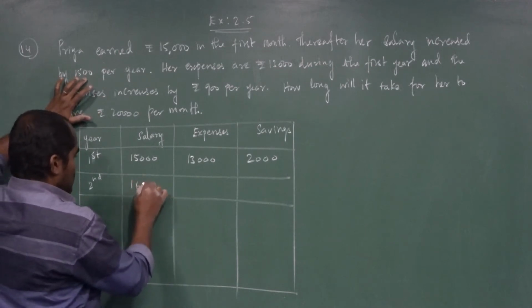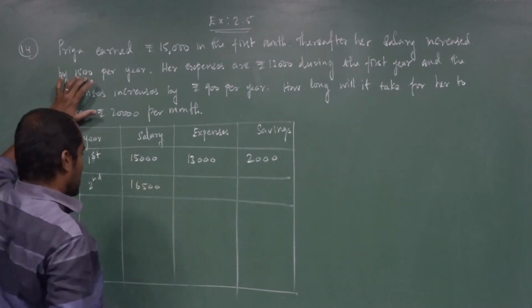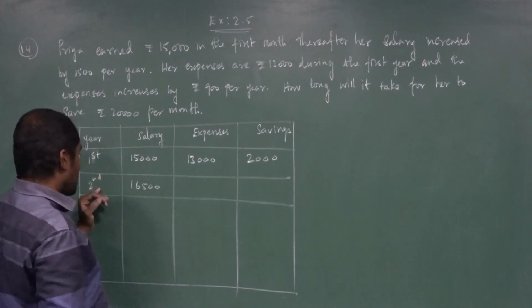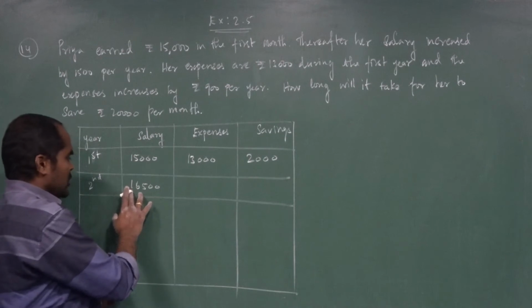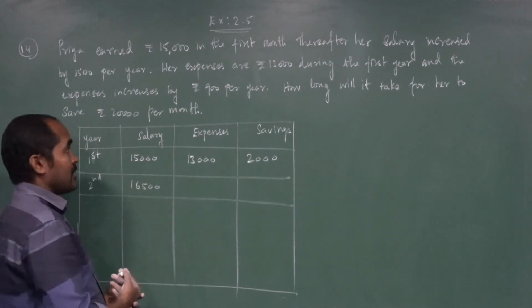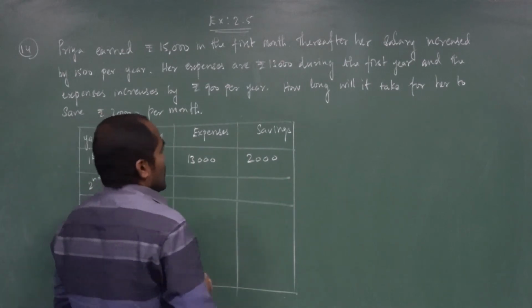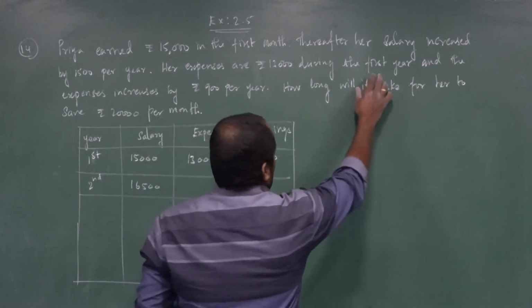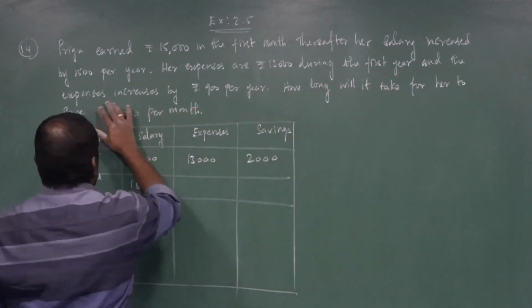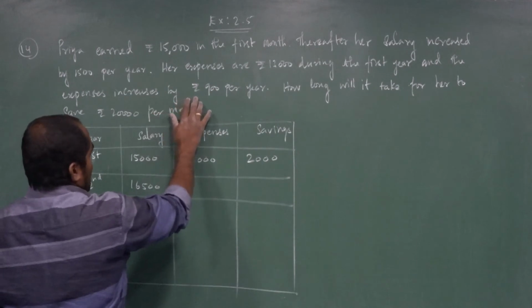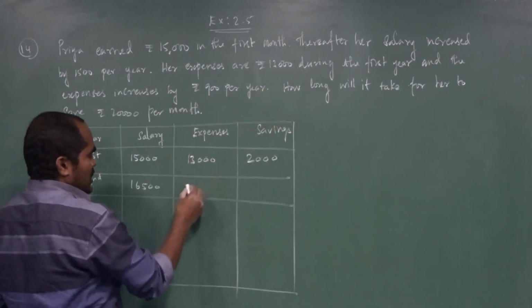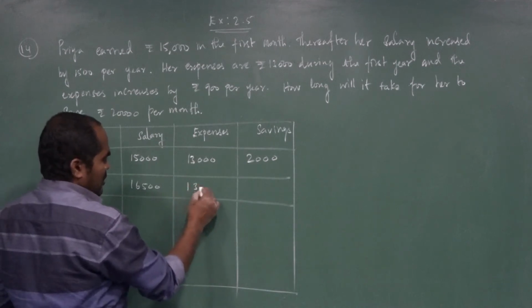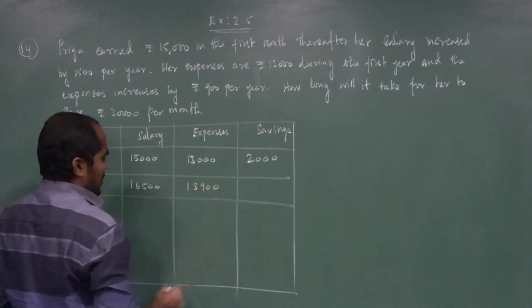So 16,500 as the new salary. So the second year fully, January to December, she got 16,500 as a salary. But expenditure also increased. The expenses increased by 900 per year. So 13,000 plus 900 we get 13,900.